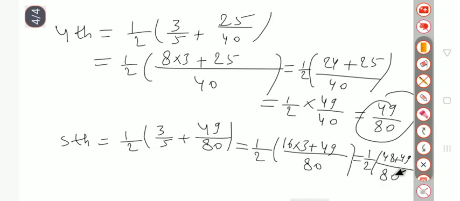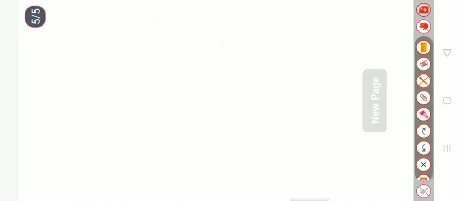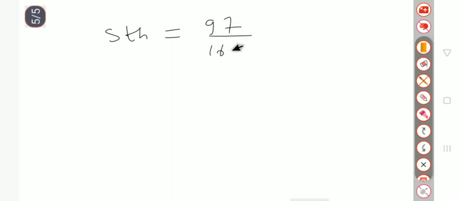So 48 plus 49 is 97. Okay, so 97 by 160. So the fifth is 97 by 160. So similarly we can find infinitely many rational numbers between 3 by 5 and 4 by 5.